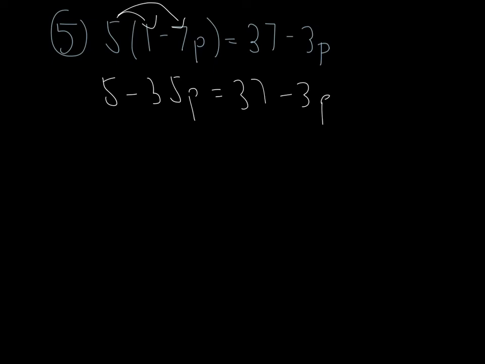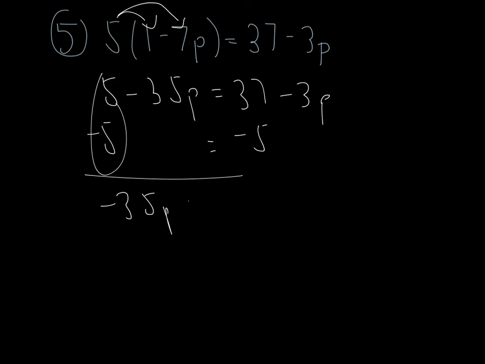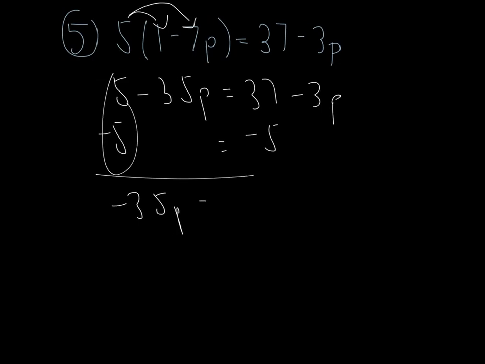Let's say I want to subtract 5 first, both sides. We can do that. So we get 0, negative 35p is equal to, so 37 minus 5 is 32, and then minus 3p.